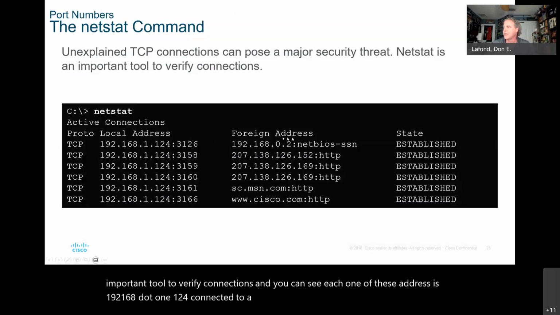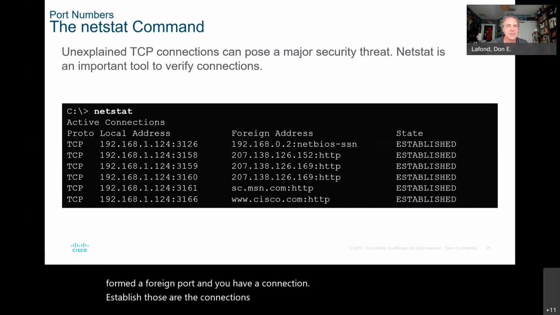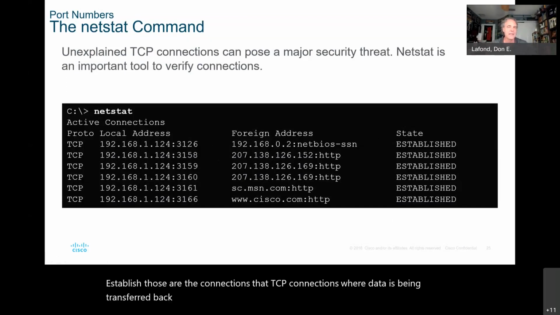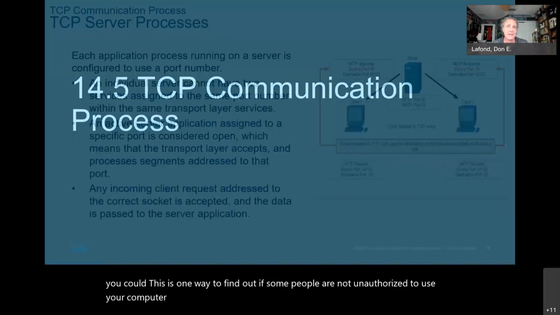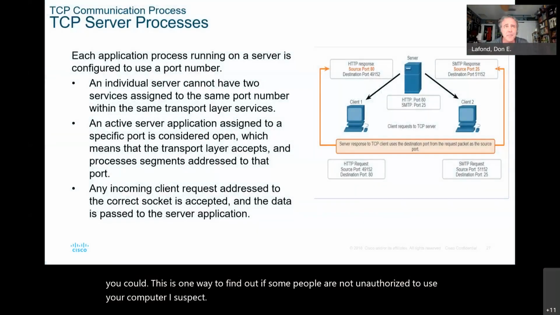That would be local, and this would be foreign, a foreign port. And you have a connection established. Those are the TCP connections where data is being transferred back and forth. Okay, hopefully that helps to explain a couple of things. And this is one way to find out if some people are not authorized to use your computer, I suspect. I haven't ever used it for that, but you could.